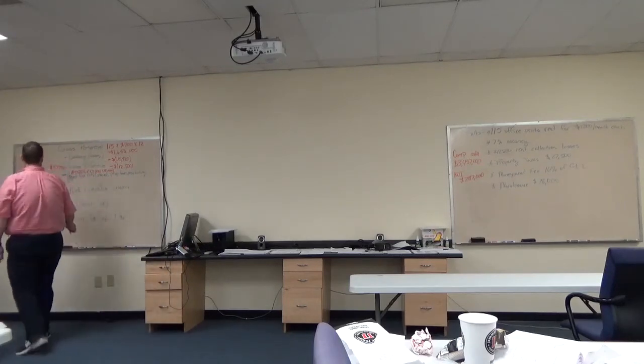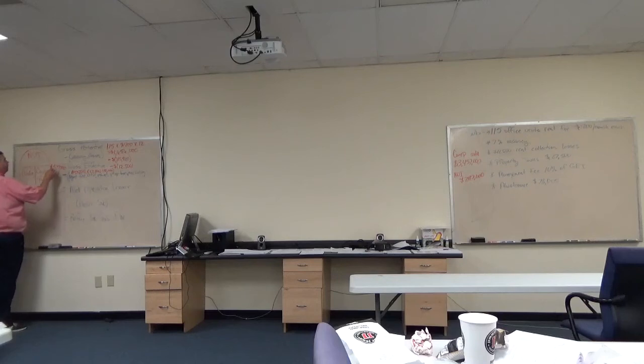So I'm going to take my gross effective income of $1,527,580, and I'm going to start subtracting my operating expenses out. That's going to give me my net operating income. What is that net operating income?